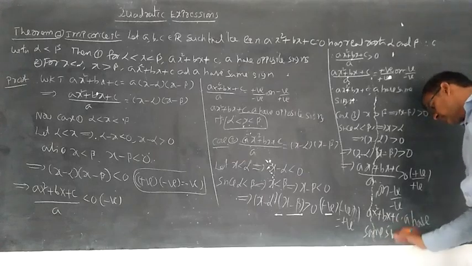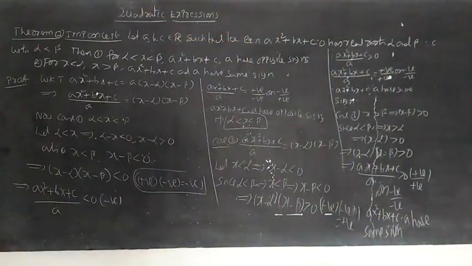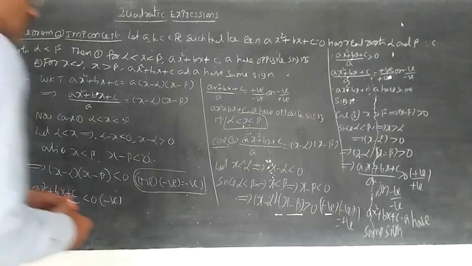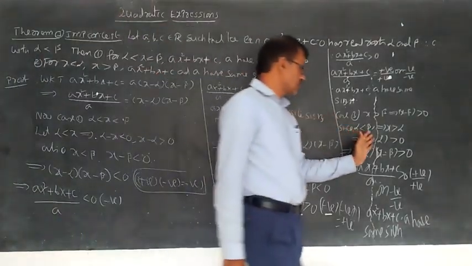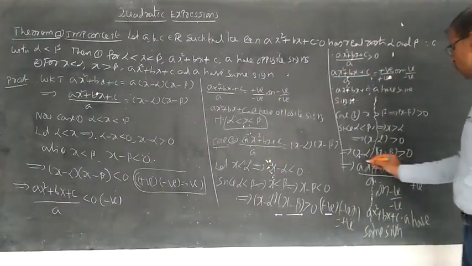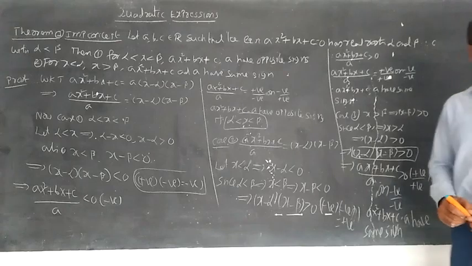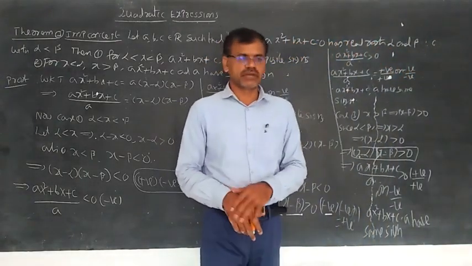They have the same sign when x is less than alpha and when x is greater than beta. Whenever x is less than alpha or x is greater than beta, we can understand that ax square plus bx plus c and a have the same sign. This is the most important theorem. Depending upon this theorem, whenever x minus alpha into x minus beta is greater than 0, as we have discussed plenty of times, x does not lie between alpha and beta.